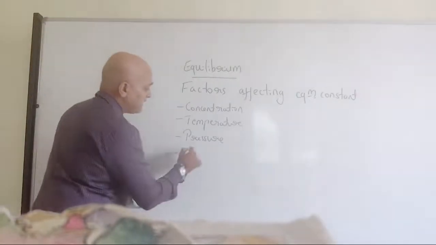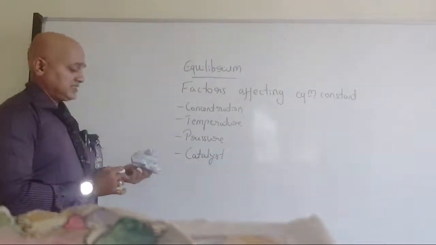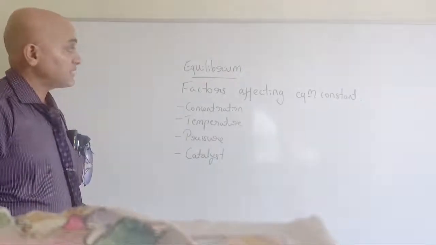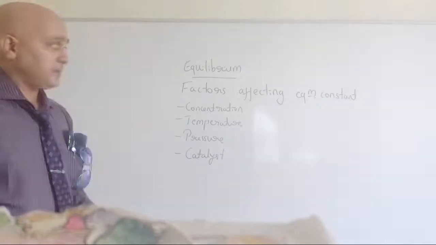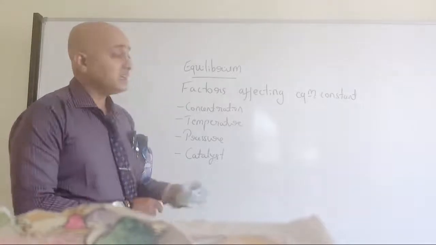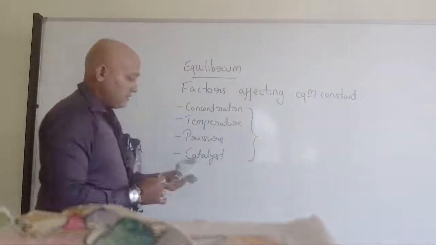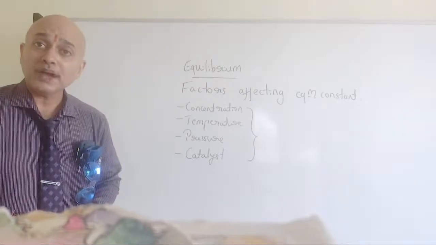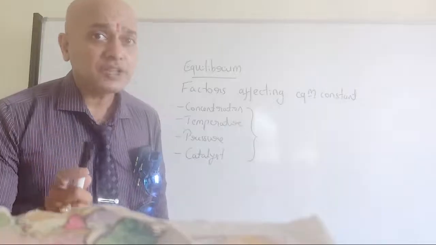And the final one is catalyst. So these are the 4 factors which we have majorly discussed as having an impact on the equilibrium. One thing I will make very clear: whatever concentration you might have changed, whatever temperature you might have changed, whatever pressure you might have changed, at the end, the reaction has to reach equilibrium. Fine?